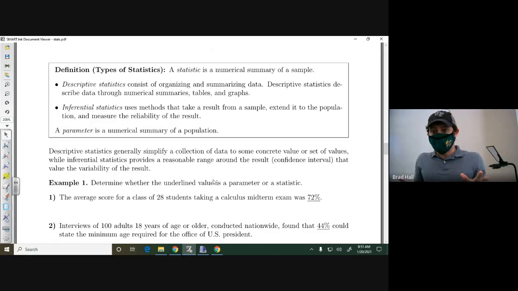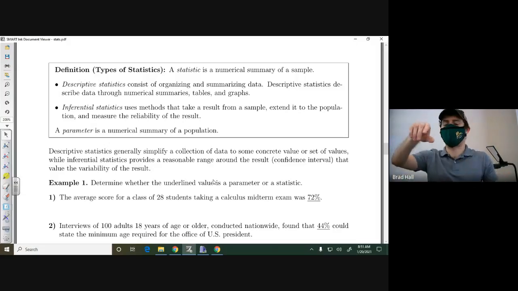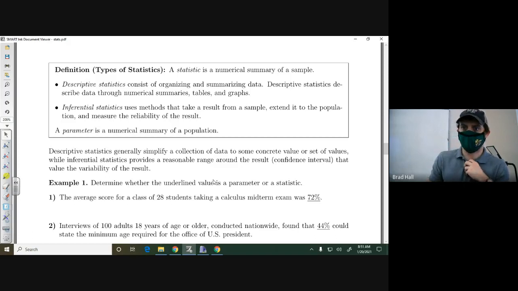So a statistic is a numerical summary of a sample. And so the average height that either of you got in your theoretical study about the people you interviewed, that would be a statistic. It's a numerical summary of a sample.